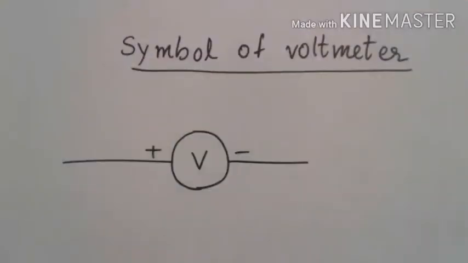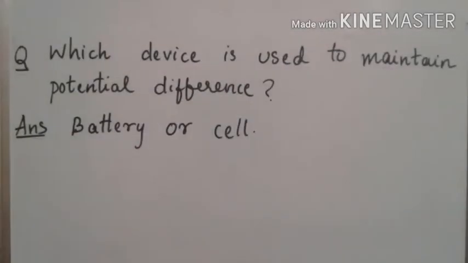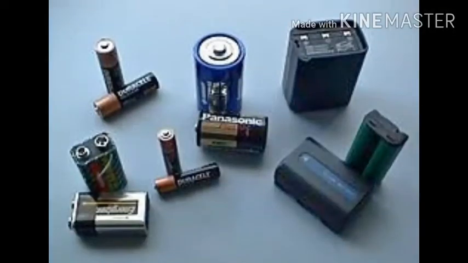But in a circuit, you will use this symbol, just like the ammeter: a V is written. Now a device that is used to maintain potential difference is, of course, a battery or a cell.